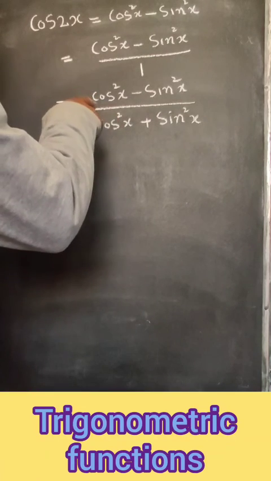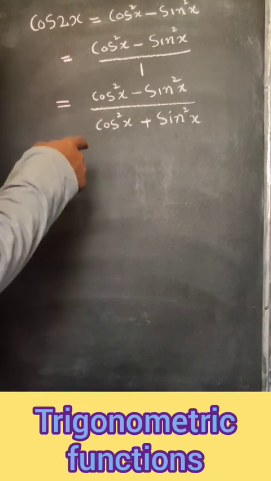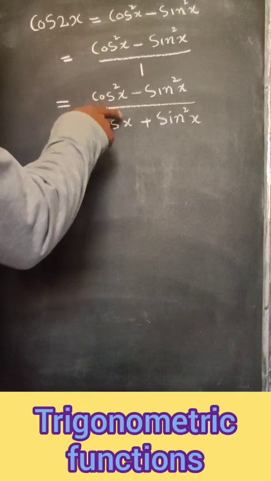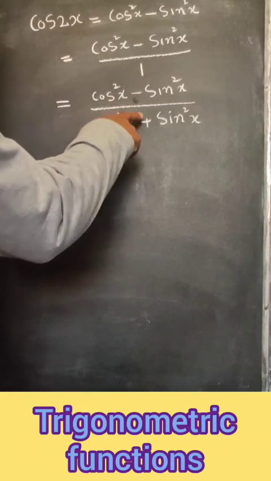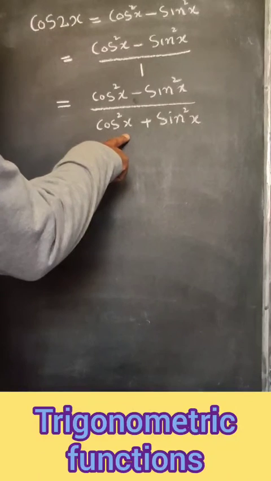Now we have to convert this in terms of tan. For that we will divide both numerator and denominator by cos square x.